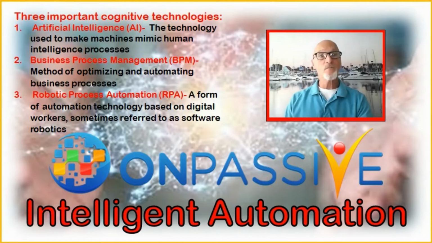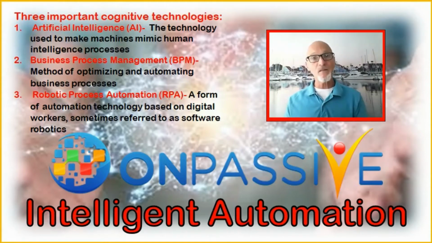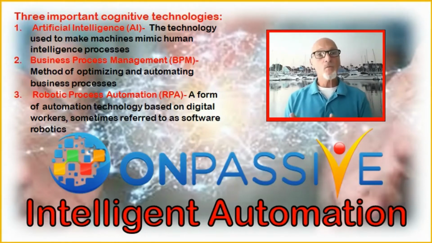The second one is business process management, BPM, a method of optimizing and automating business processes for greater agility and consistency. And the third one, robotic process automation, RPA, is a form of automation technology based on digital workers. Sometimes we refer to this as software robotics.